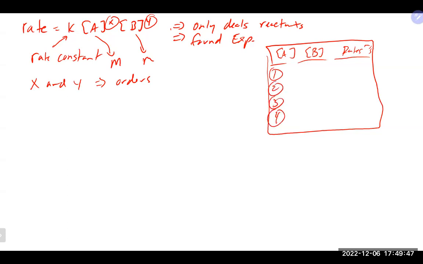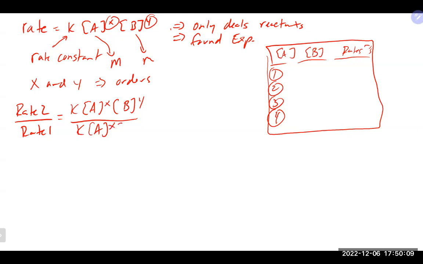The goal here is we can mathematically figure out the orders by using this formula: the rate 2 over the rate 1 is equal to k times [A] to the x and [B] to the y, divided by k, [A] to the x and [B] to the y here.